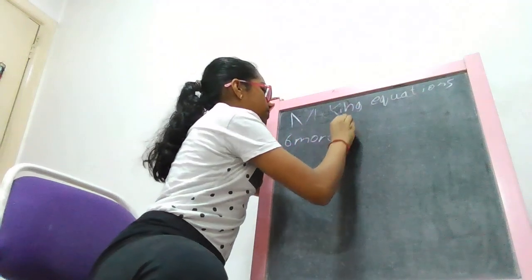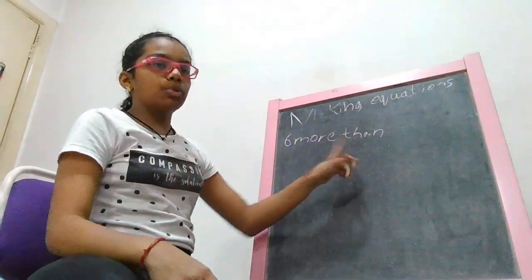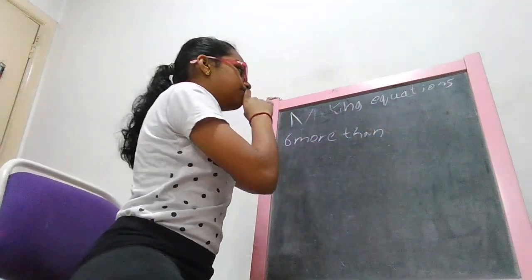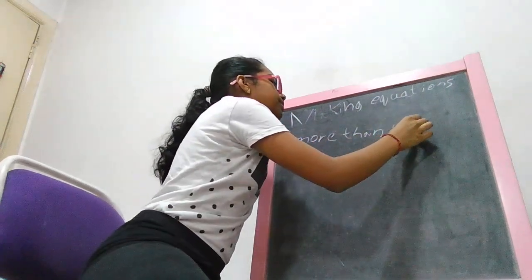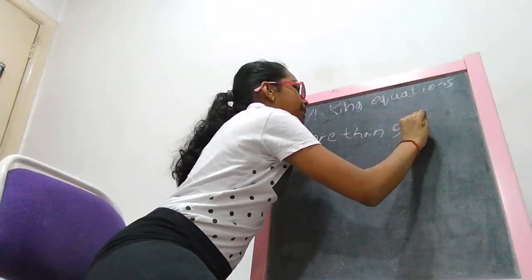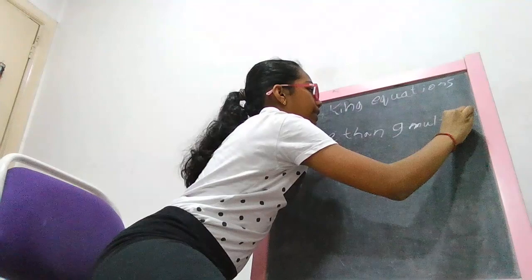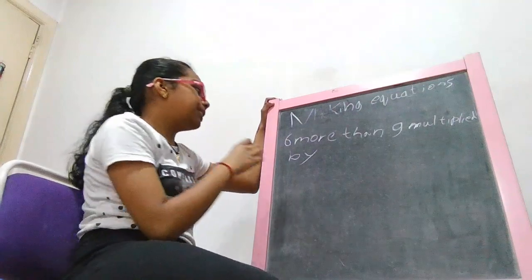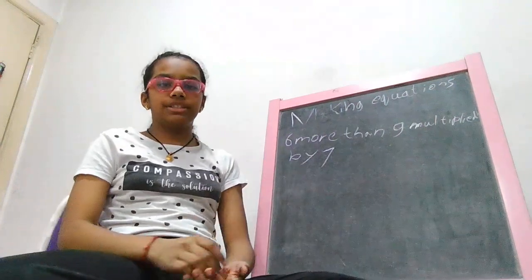6 more than g multiplied by 7. Write this.